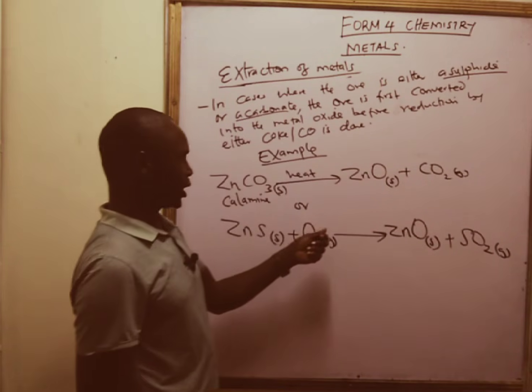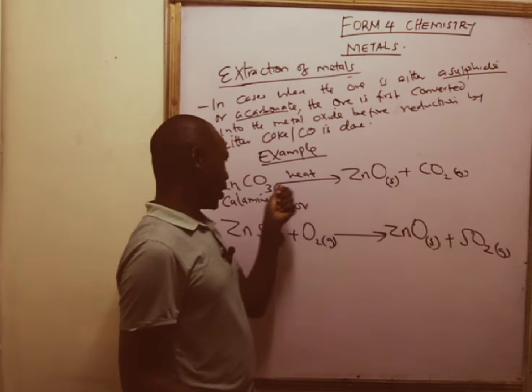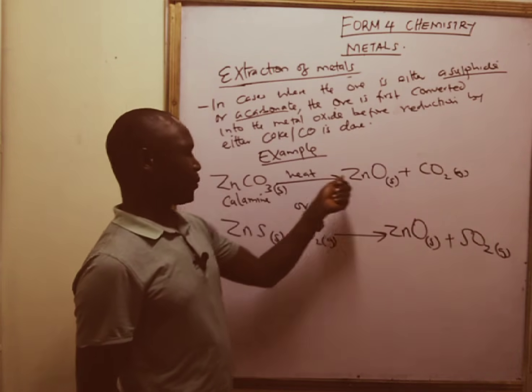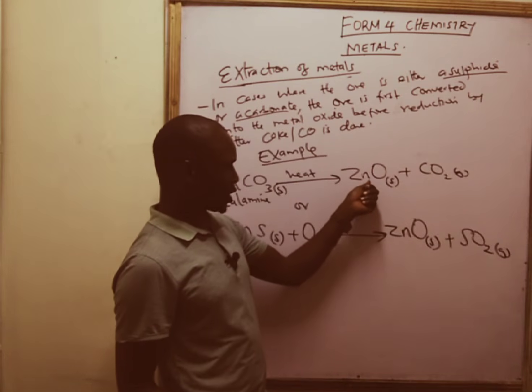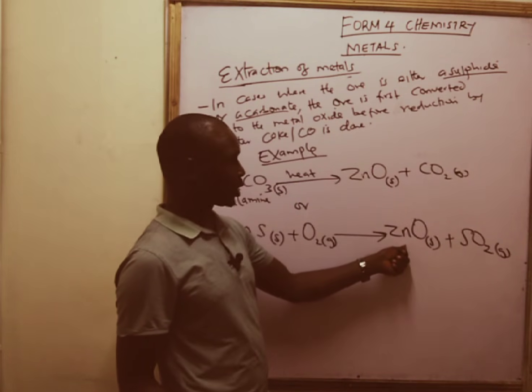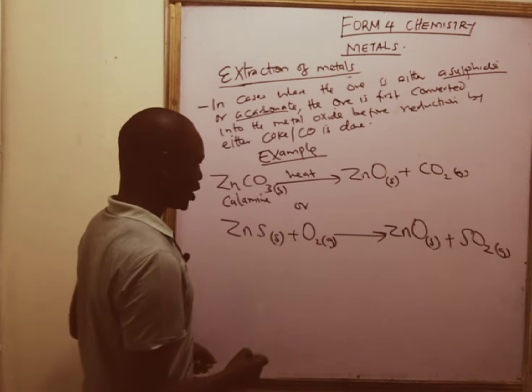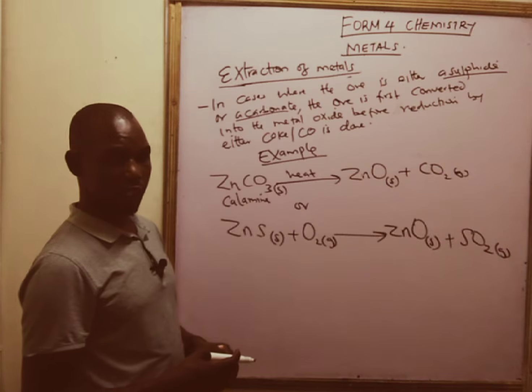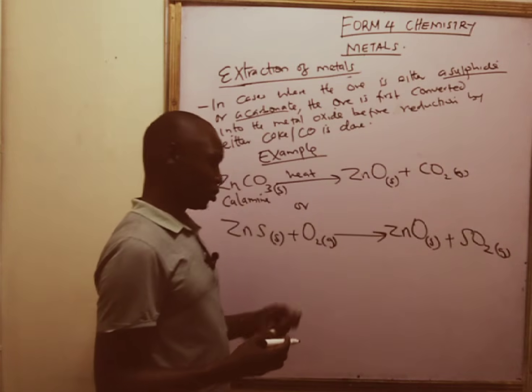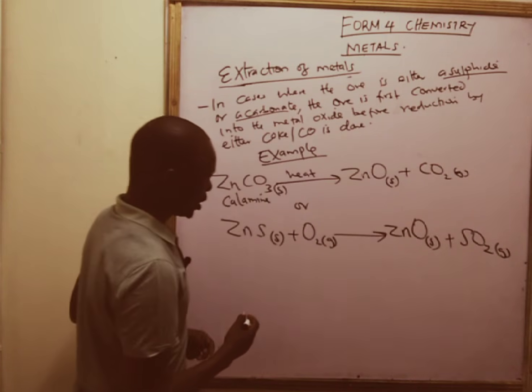After converting the ores into the metal oxides in either case, we reduce the metal oxides obtained into the metals by either using carbon 2 oxide as the main reducing agent or coke, which is carbon.